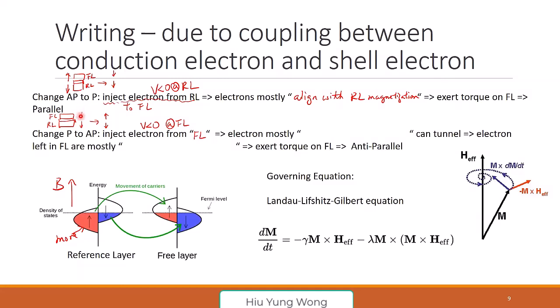So you have more electrons pointing down here. In the extreme case, maybe you only have electrons pointing down. Then when you inject electrons into the reference layer, all your electrons are pointing down.